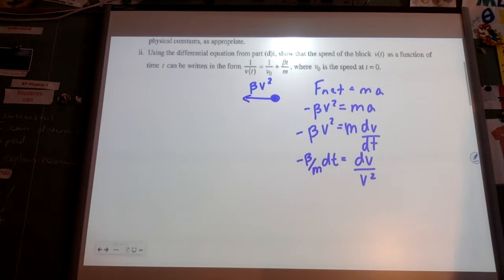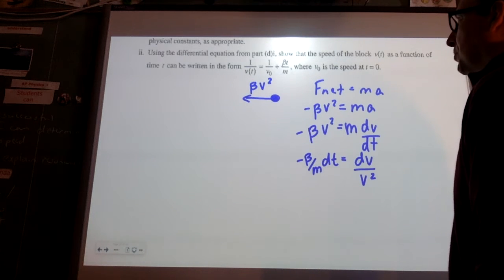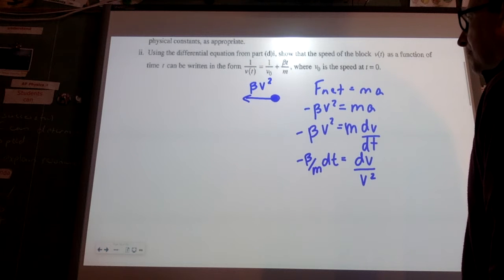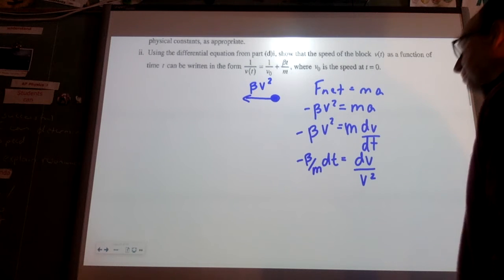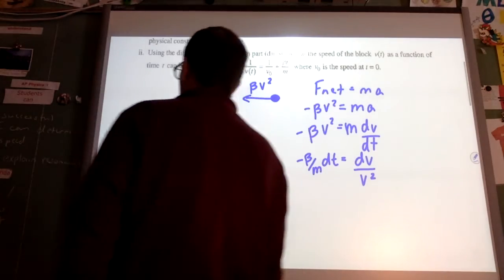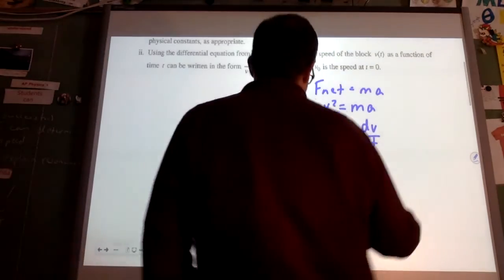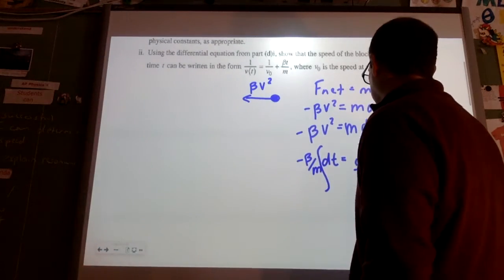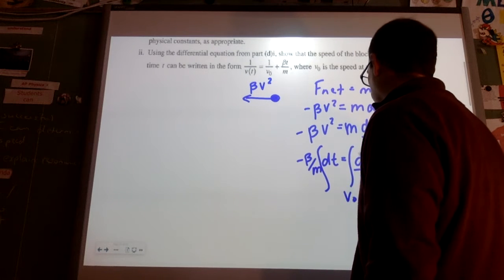Using the differential equation from part D, show that the speed of the block v(t) as a function of time can be written in the form of 1 over v(t) equals 1 over v naught plus beta t over m. Okay, so I should put my integral signs in here, right? This one's going to go from v naught to v.